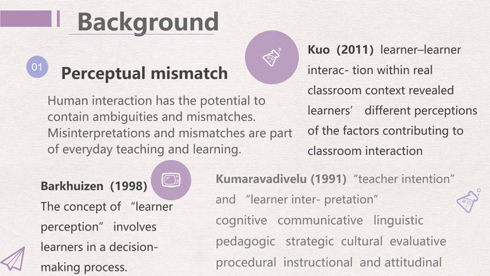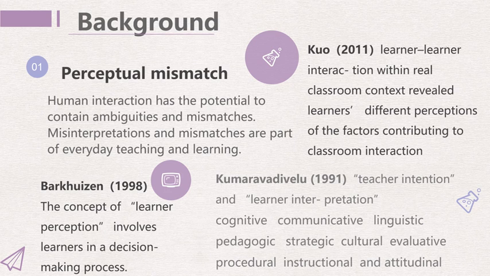The scholar pointed out that there are at least 10 potential sources of mismatch between teacher intention and learner interpretation, so there is a perception gap, such as cognitive, communicative, linguistic, strategic, cultural, and so on.